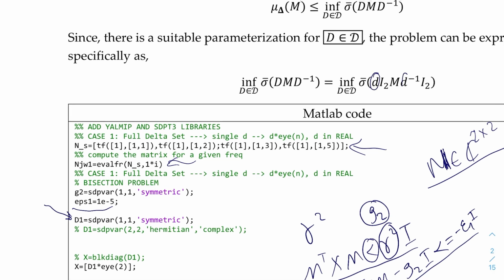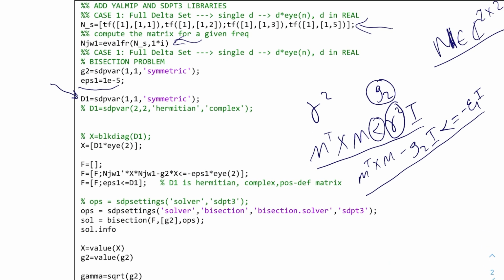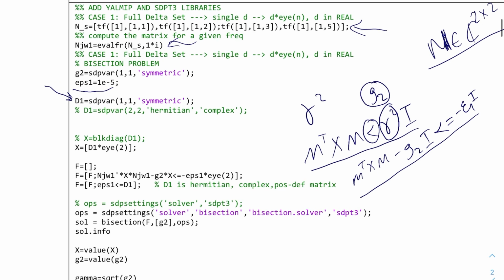D1 is this. Okay, since we have full unstructured uncertainty, our D set is just D times identity, and D is a positive real number. That's it. That's all.